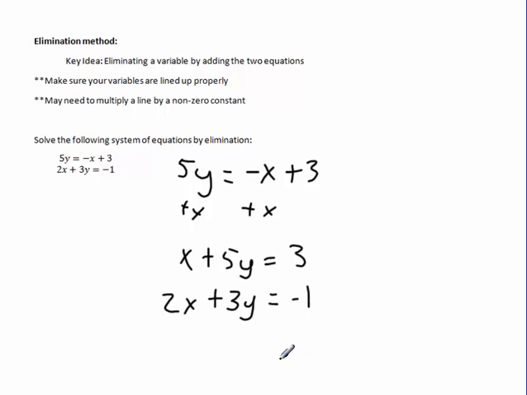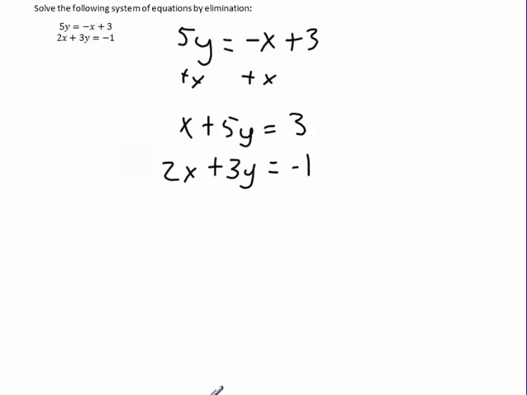And that does not help me because I did not eliminate a variable. Again, we're trying to eliminate a variable. So I need to multiply my top line by negative 2. And if I multiply my top line by negative 2, then I can add my 2 lines together, and I'll get rid of x. So that's my idea here.